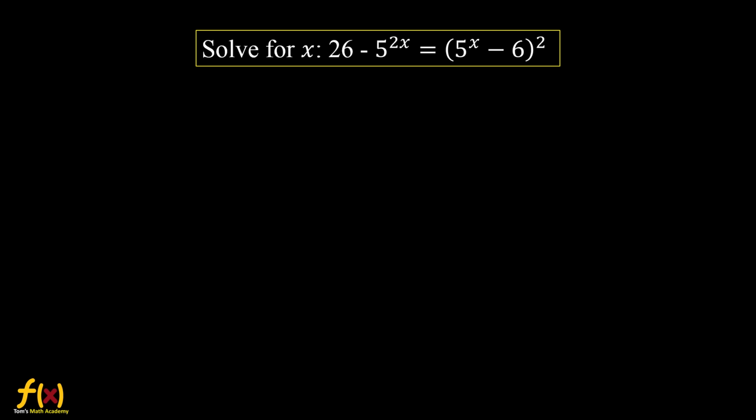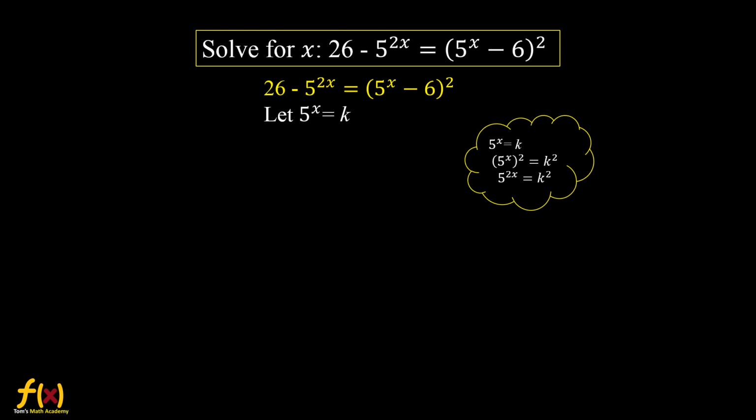26 minus 5 to the power 2x equal to 5 to the power x minus 6, whole squared. Another very good question from exponential equations. Let 5 to the power x equal to k.